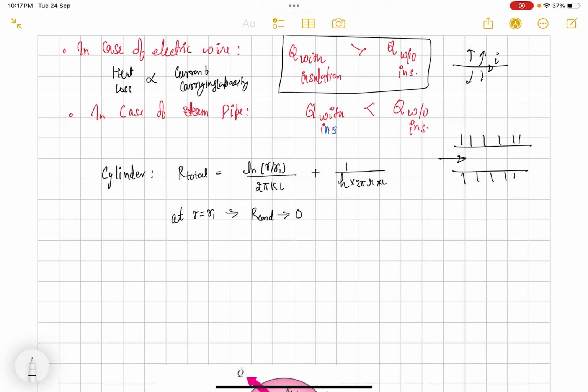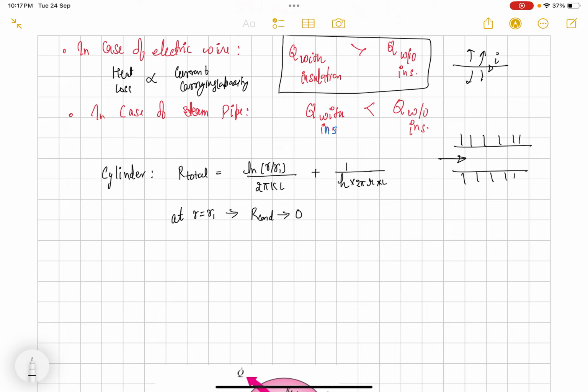So the objective in case of a steam pipe is that after insulation the heat loss must decrease. Their objective is different, and in case of electric wire the objective is different.